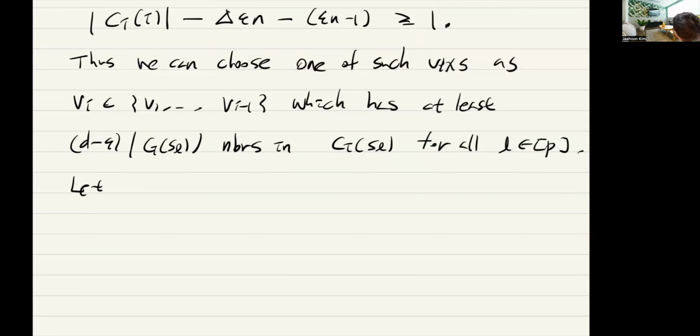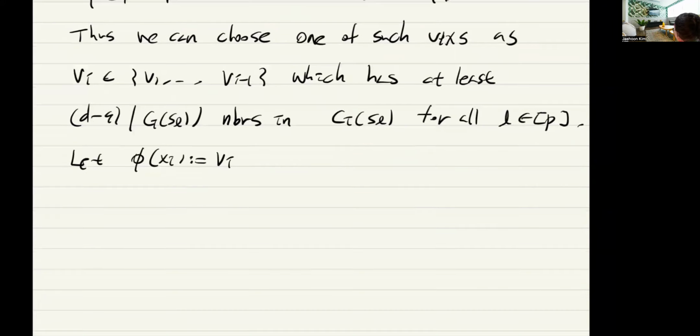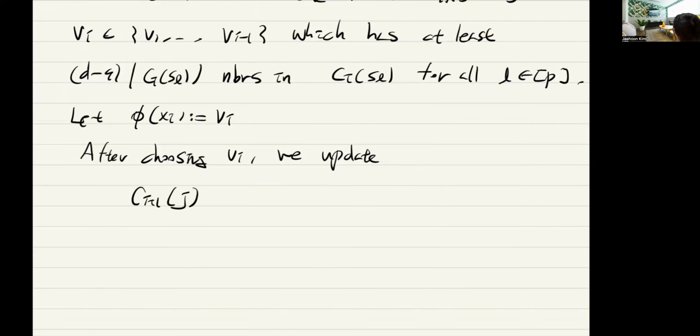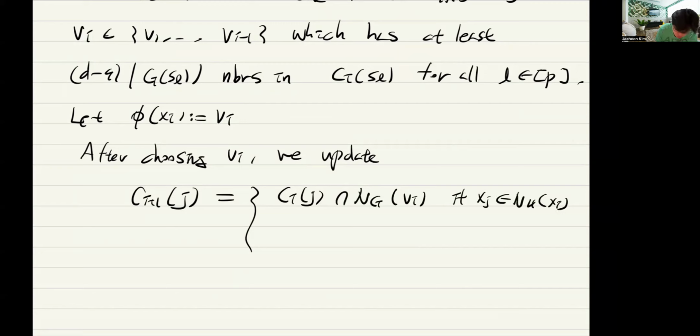Then we update this phi i to be the image of this. After choosing phi i, we update C_{i+1} of j. For all other j, you update this. If this xj is a neighbor of this xi, then you shrink.